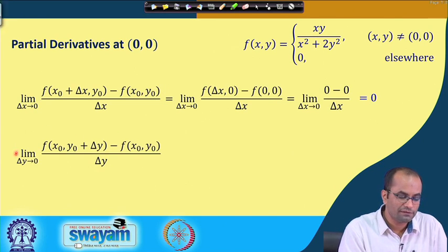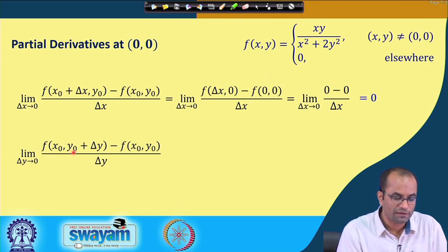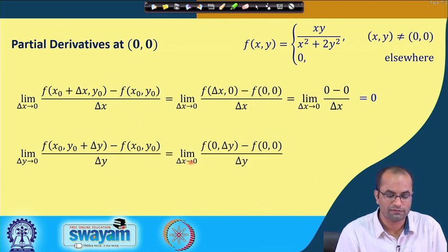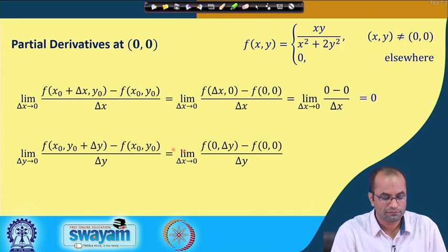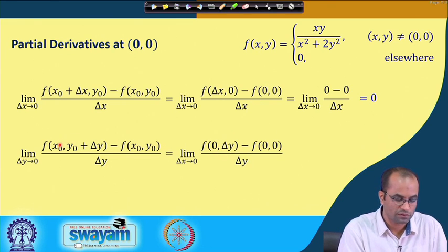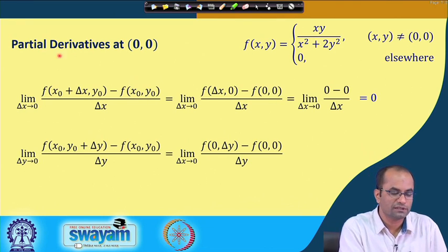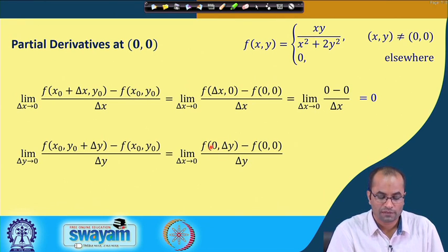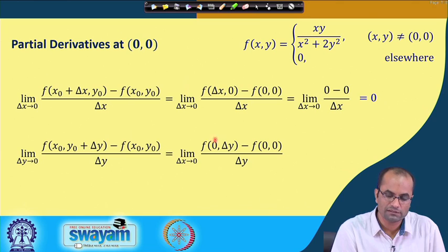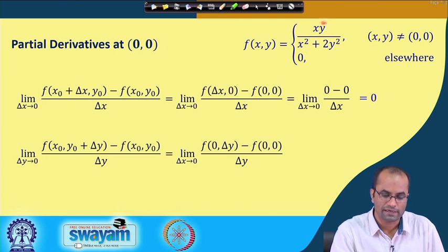Now, the partial derivative with respect to y. So, we have y naught plus Δy in this case, and (x naught, y) over Δy. As per the definition, because this x naught, y naught we will put 0, we are talking about the partial derivatives at the (0, 0) point. So, f(0, Δy) minus f(0, 0) over Δy, again the same argument, because here the x is 0 and the product in the numerator has an x y term.